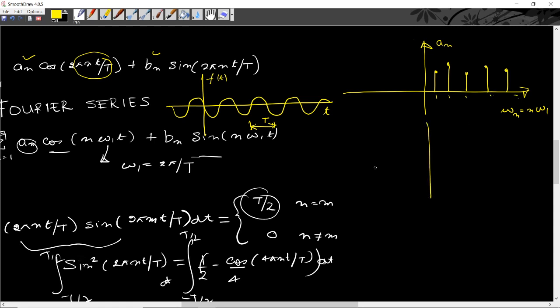So these are the coefficients an, and we can include the value of a naught also, and similarly we'll have coefficients bn corresponding to the sine terms. So the point is that a function that is continuous in the time domain, I can represent using the Fourier series in terms of some discrete frequencies.